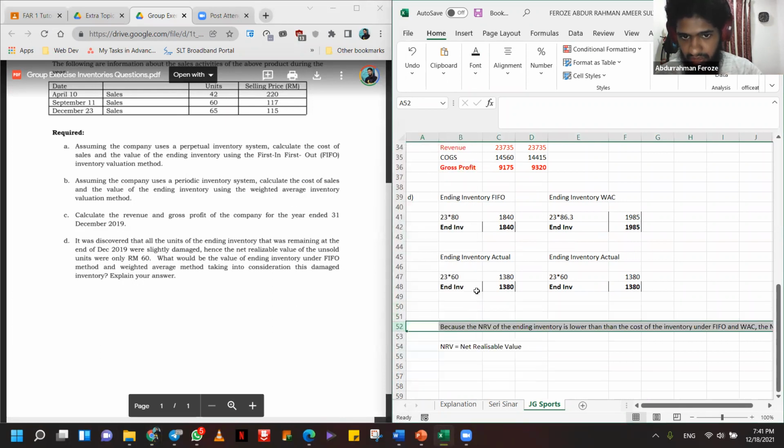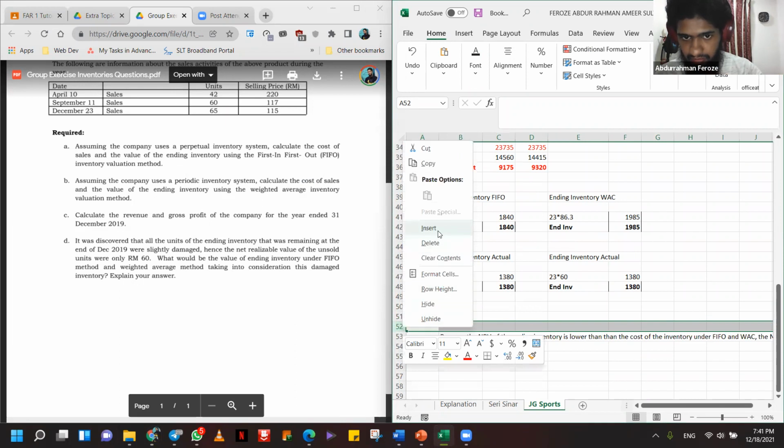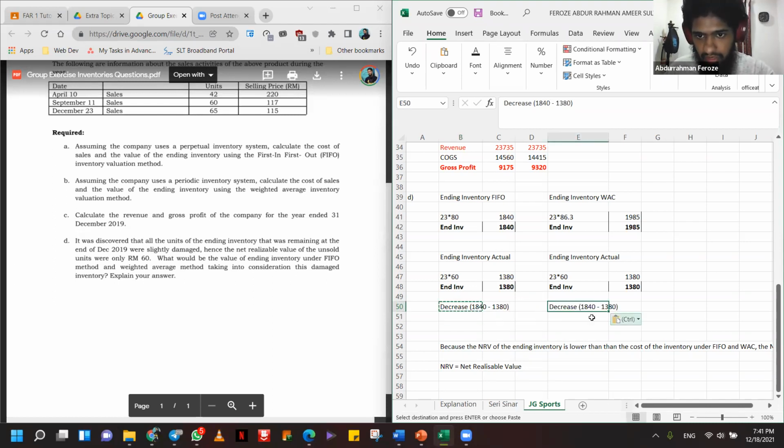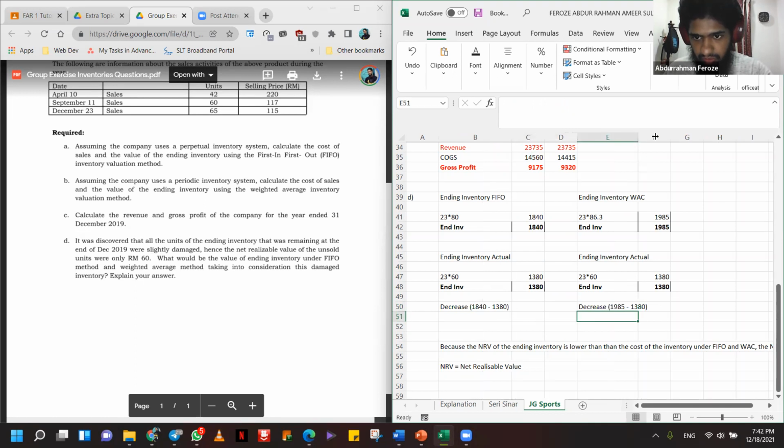So over here, under FIFO, the decrease is 1840 minus 1380. Over here for the WAC the decrease is 1985, right? So how much would this be?